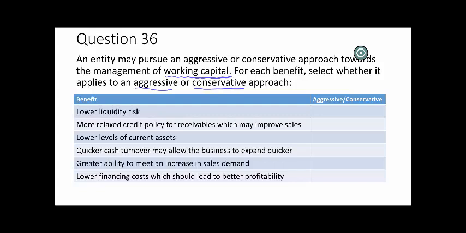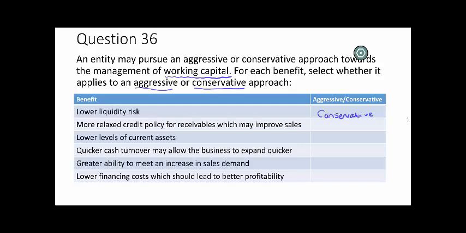So in terms of trying to decide which of each of these benefits applies to each of those approaches, if we work through them, then, lower liquidity risk. Well, with the aggressive approach, that is one of the biggest problems, that you do run the risk that you have insufficient liquid funds. So that would actually be a benefit of the conservative approach.